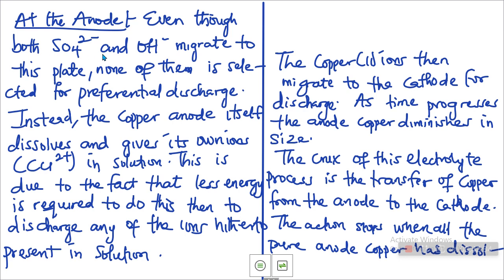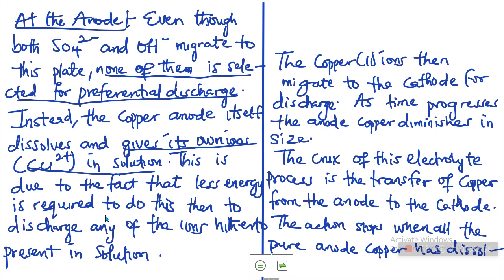Even though both SO4 2- and OH- migrate to this place, none of them is selected for preferential discharge. You can see that the nature of the electrode is going to affect it. So instead, the copper anode itself dissolves and gives its own Cu2+ in solution. This is due to the fact that less energy is required to do this than to discharge any of the ions hitherto present in solution.